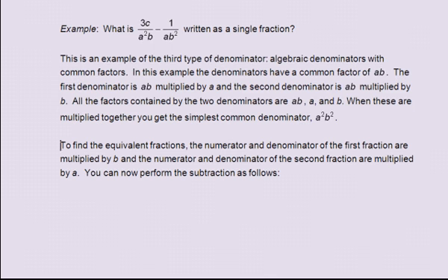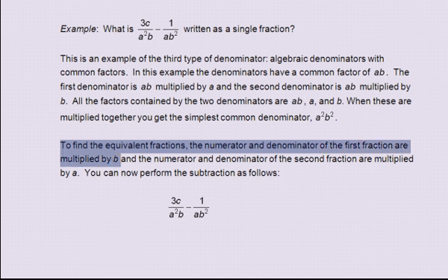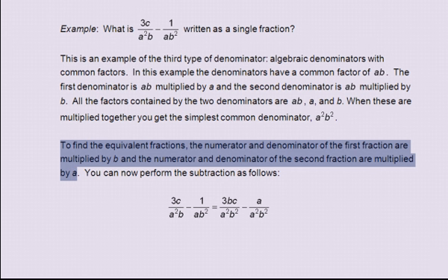Looking at the question, to find the equivalent fractions, the numerator and denominator of the first fraction are multiplied by b to give 3bc divided by a squared, b squared, and the numerator and denominator of the second fraction are multiplied by a to give a divided by a squared, b squared.